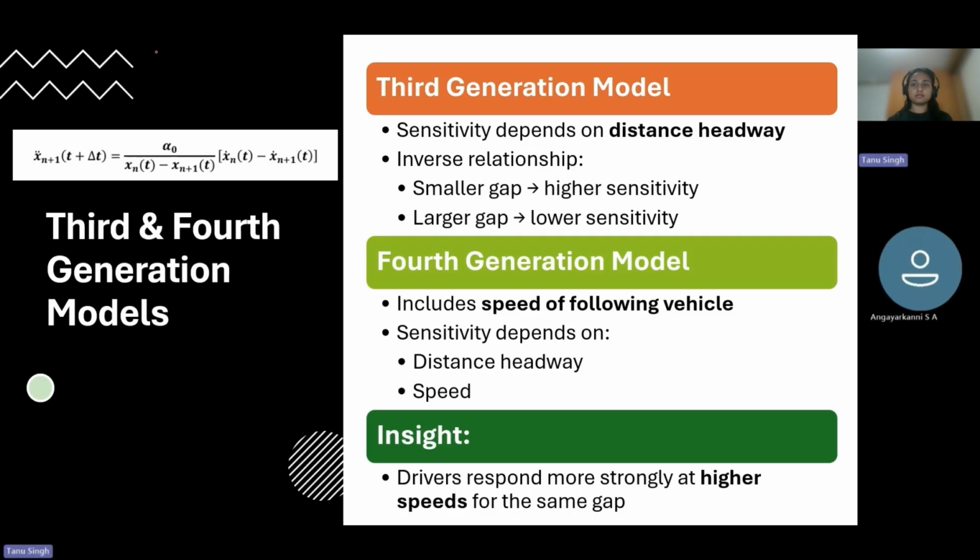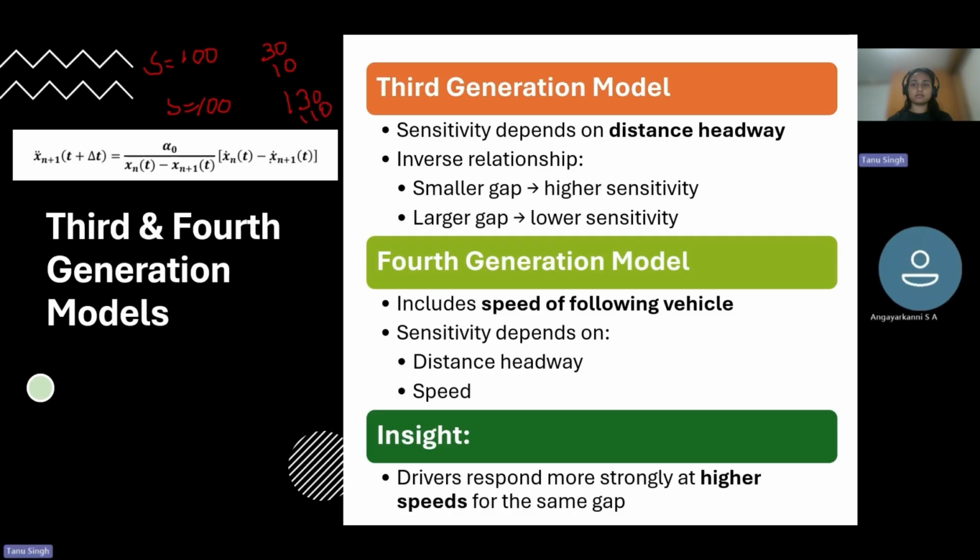For example, in case 1 we have the space headway as 100 meters, whereas the speed of the first vehicle was 30 and the speed of the following vehicle was 10. And in the other case, again the space headway was the same, 100, but the leading vehicle had a speed of 130 and the following vehicle had a speed of 110.